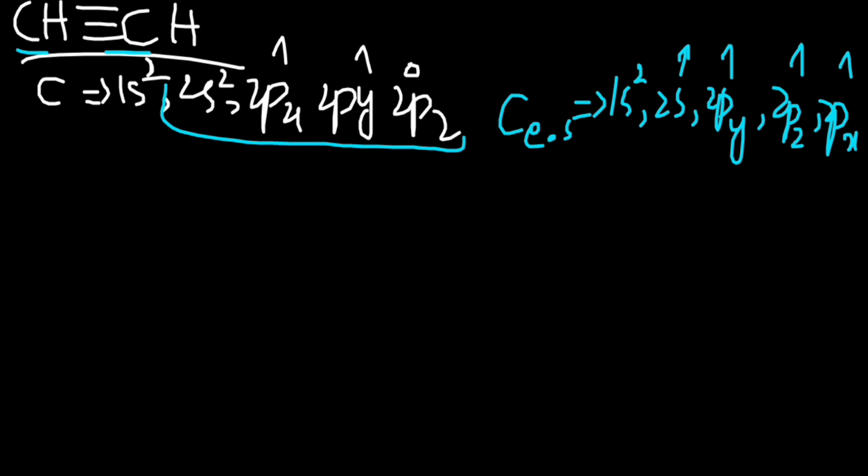First bond is always a sigma bond, remaining bonds between the two atoms are the pi bonds. So here is s orbital of one carbon and the s orbital of the other carbon, resulting in sigma bond.